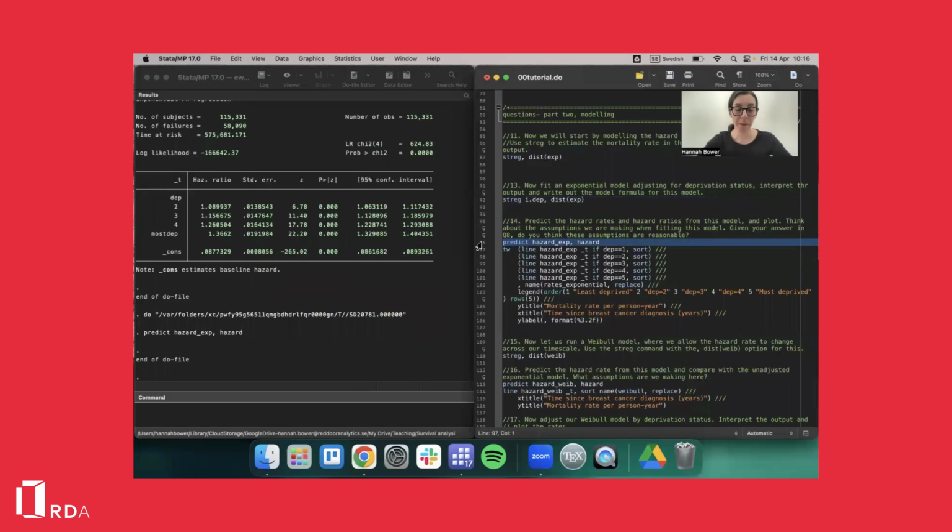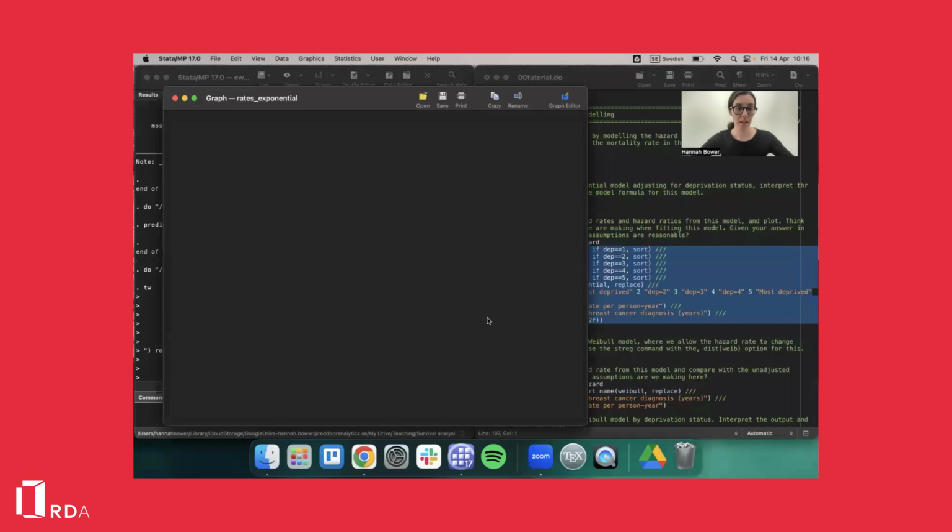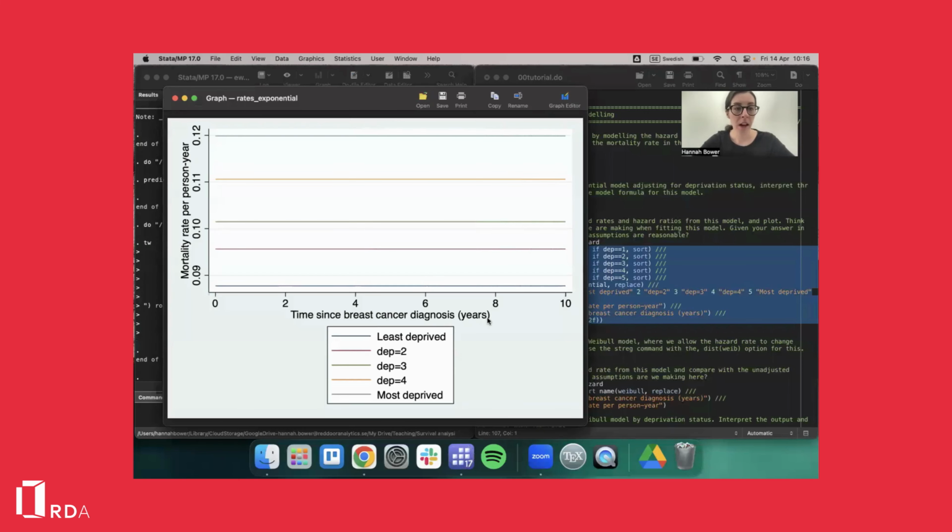So we have this hazard exp variable that's created, and then we use all of this to show our hazard rates. We can run this, and what we can see is that the mortality rate per person year is flat across time since diagnosis for all of the deprivation groups.